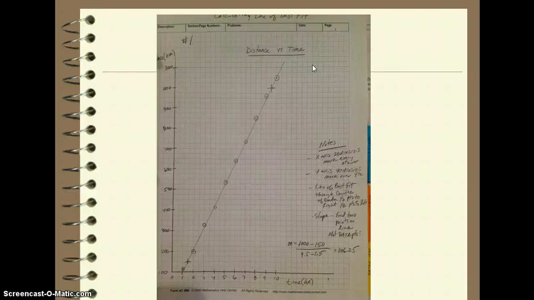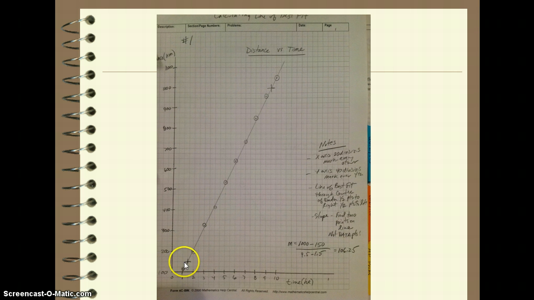But you also need to do this by hand, and so what you're going to do is pick 2 points that are very far apart from each other. Here I picked a point way up near the top of the line and another point here way down near the bottom, and I just put some crosshairs there. And then to figure out the slope, I just figured out what the y values were.